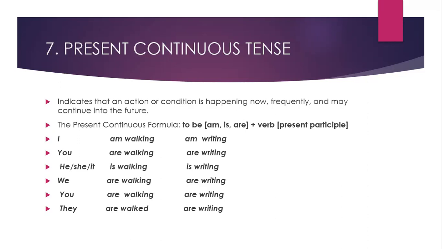So I am walking. As I'm talking to you now, I am walking. So that has the form, the to be verb plus the present participle of the verb. So I am walking, you are walking, he is walking, we are walking, you are walking, they are walking.